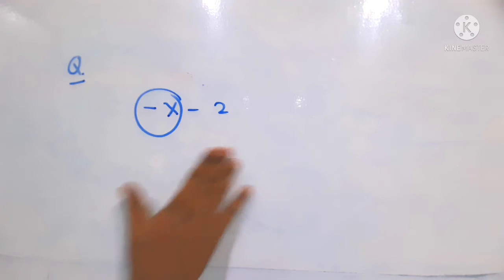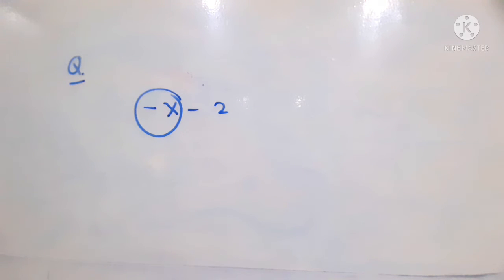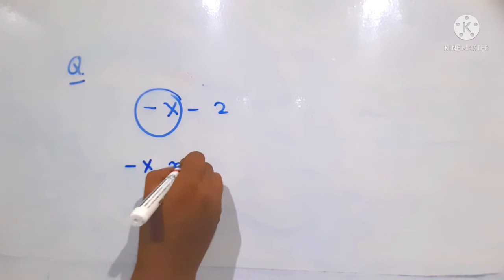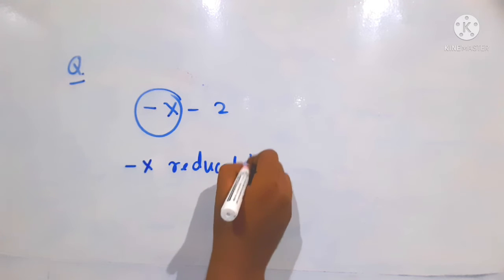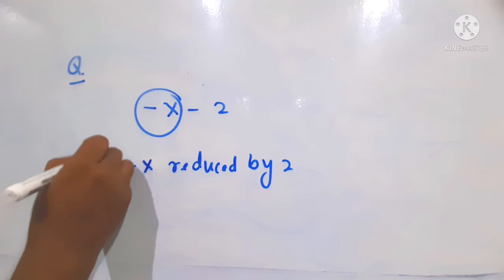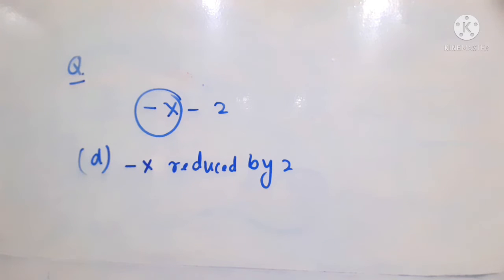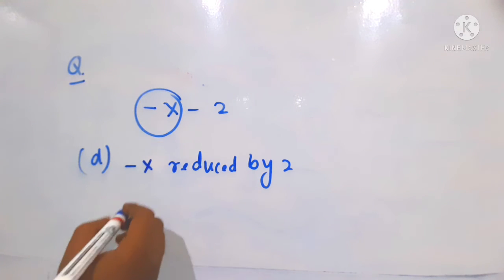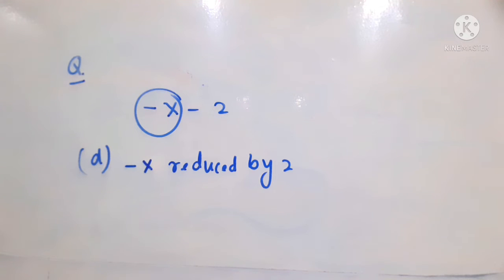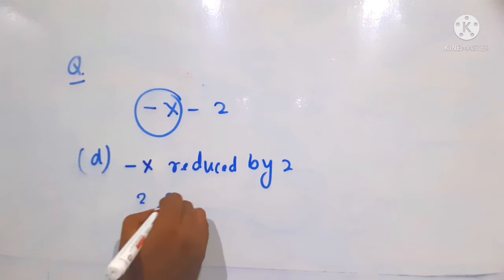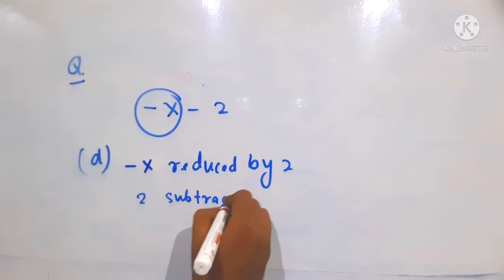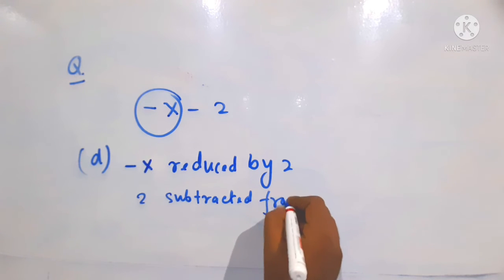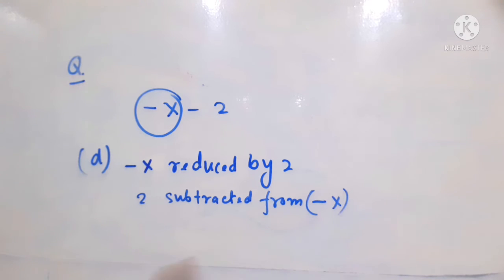Then what will you say? Minus x reduced by 2. This is option D. This is correct. And if it was mentioned like this, 2 subtracted from minus x, it was not mentioned here.